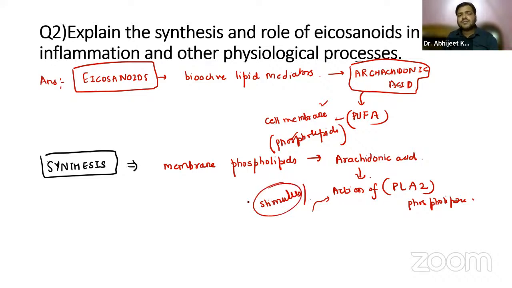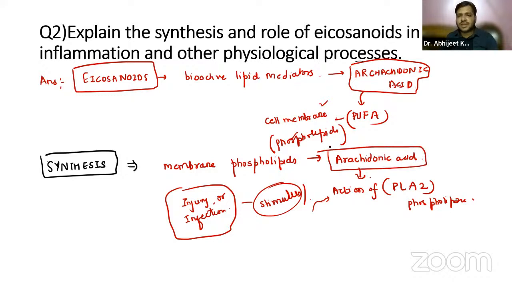That stimulus can be in the form of injury, infection, or anything, or cytokine signaling or something like that. So if there is any injury or infection in the form of a stimulus, the membrane phospholipids will start releasing arachidonic acid.